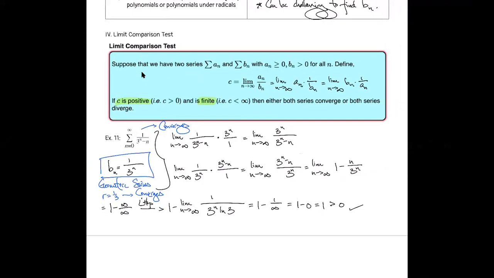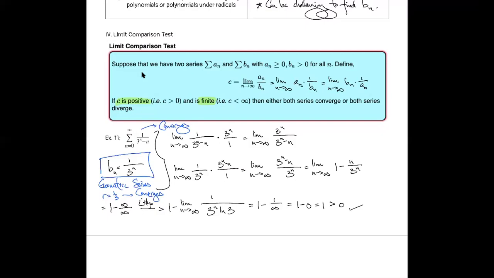With the limit comparison test, your B of n, we chose one that we know what the end behavior is. But the limit comparison test is just stating that either both will converge or both will diverge. And so we choose a similar graph that is easy to determine whether it converges or diverges. Once we say they both behave the same way, then we can say that they both converge or they both diverge. Right. Okay.